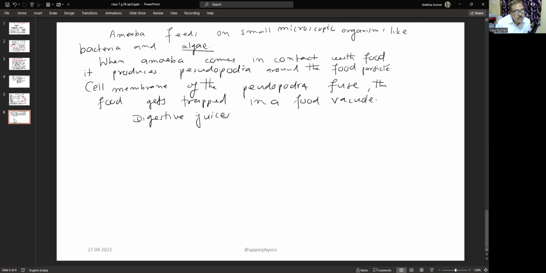Digestive juices are secreted into these food vacuoles to digest the food.